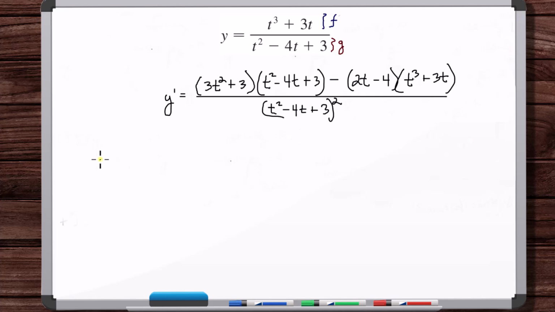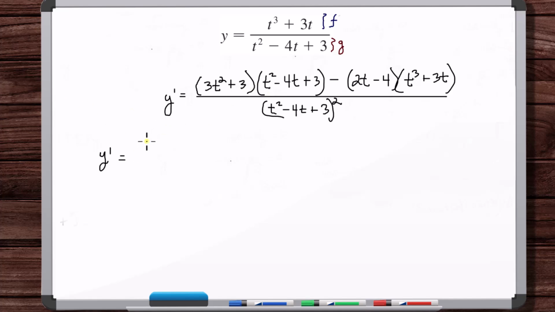Okay. So we're done. That's the derivative. With a lot of these derivative problems, using algebra to simplify it is the bigger challenge, right? We want to clean up this mess as much as we can. But that's the derivative. Even though it's complicated, that's still just the derivative.